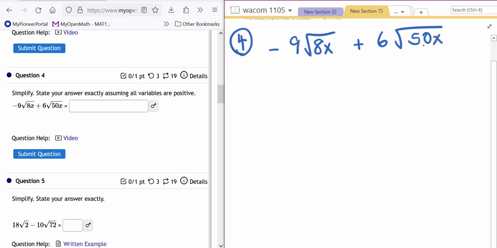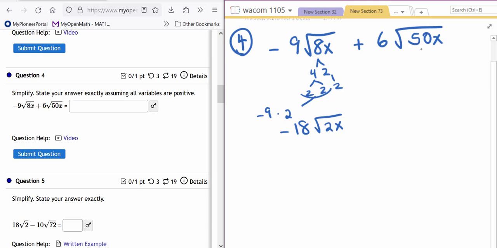And you have to break these down to see if they will simplify. So for 8, we can do 4 times 2, and 4 is a perfect square. So we do have a square in there. The 2 will go outside. It will multiply by the negative 9. So we have negative 18 square root of 2, and don't forget about your x.